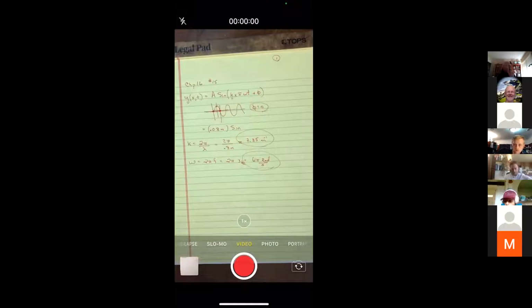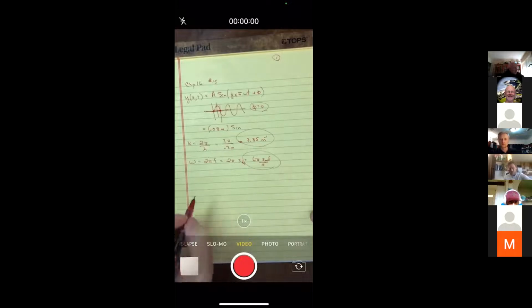Now they can give us the phi, because they say at y equals 0 position and t equals 0, when time is 0. Let's put in y when x equals 0 and t equals 0.